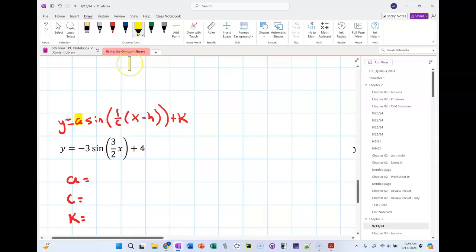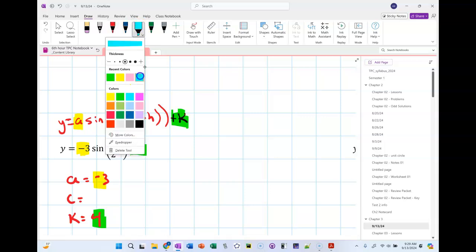So if I look, A is the leading coefficient. So for our problem, that's going to be -3. Feel good there? I'm going to skip C for a second. If I look here, K is the part that's added to the end. Well, so that's just 4. So far, so good.